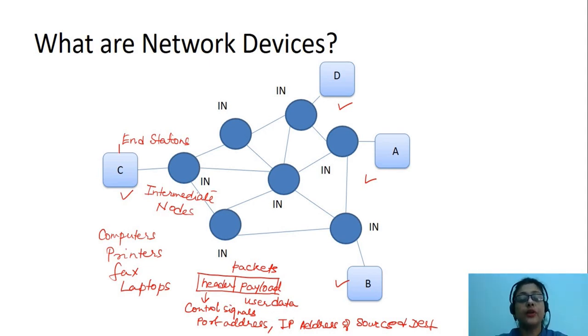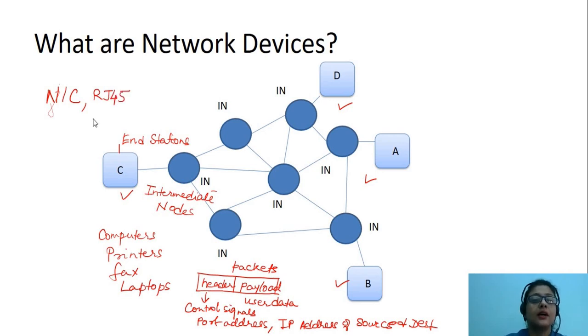Now, in order to transmit these packets to the nodes of the network, there are various networking devices. Some of these are connected to the computer itself, like we have the network interface card or RJ45 connector.